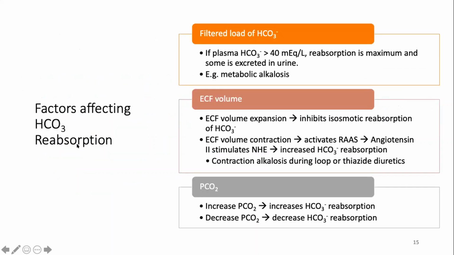The bicarbonate reabsorption in the proximal tubule is affected by several factors. The higher the filtered load of bicarbonate, of course, the higher will be the bicarbonate reabsorption. However, you need to know that this reabsorption of the bicarbonate ion has its own threshold or its own transport maximum, which is about 40 millimole per liter.